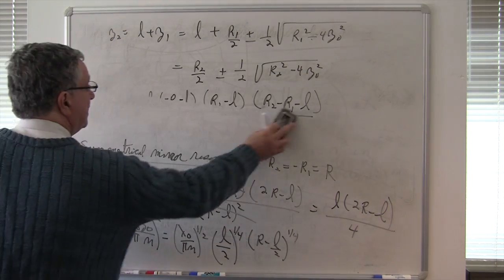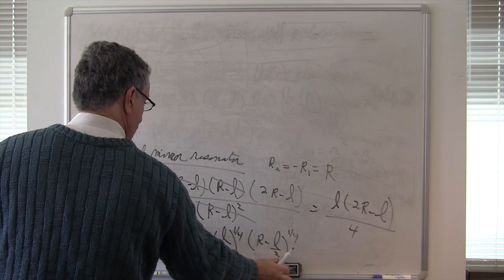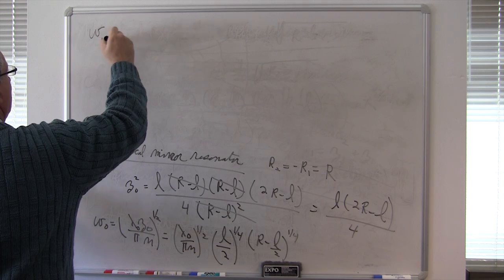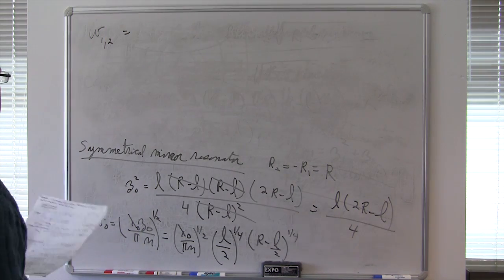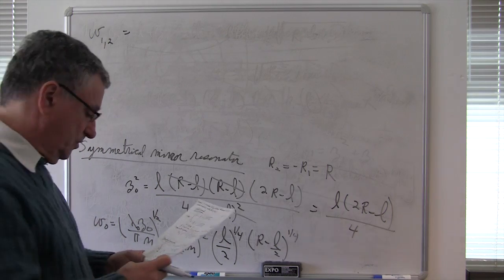and I will erase this here, and we can write W1 or 2, which is the size of the beam on mirror 1 or mirror 2.